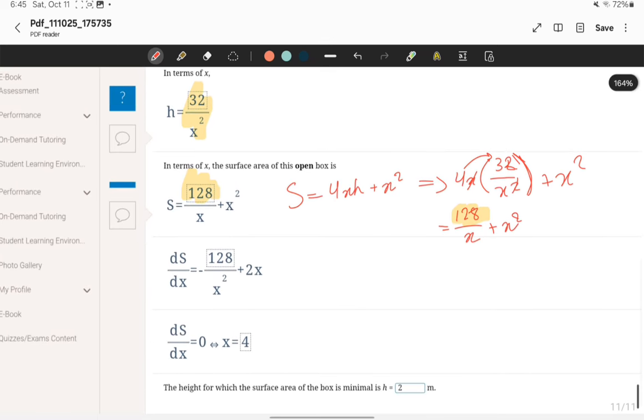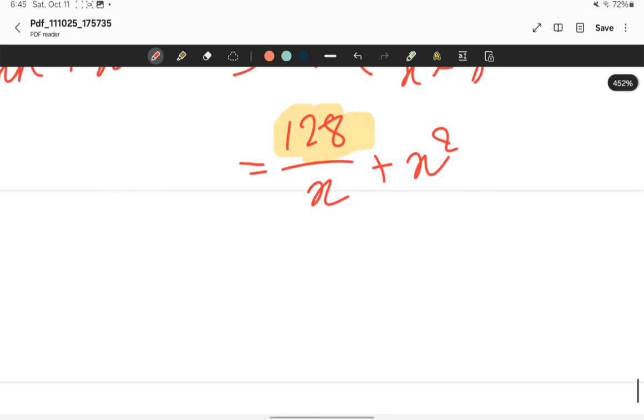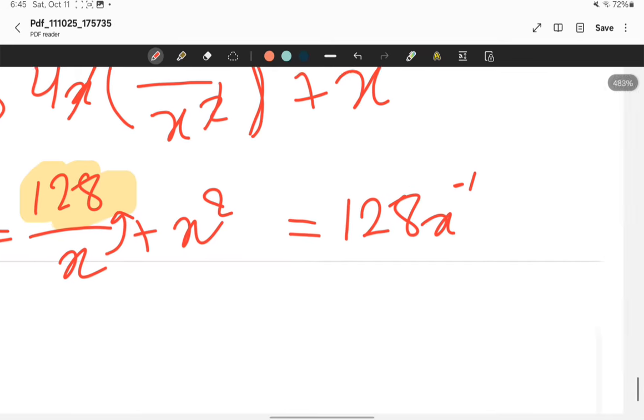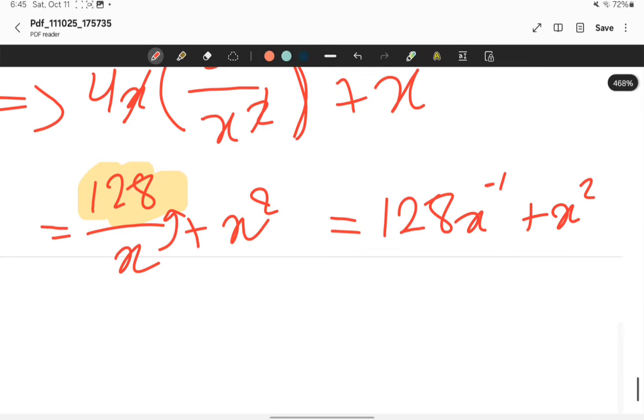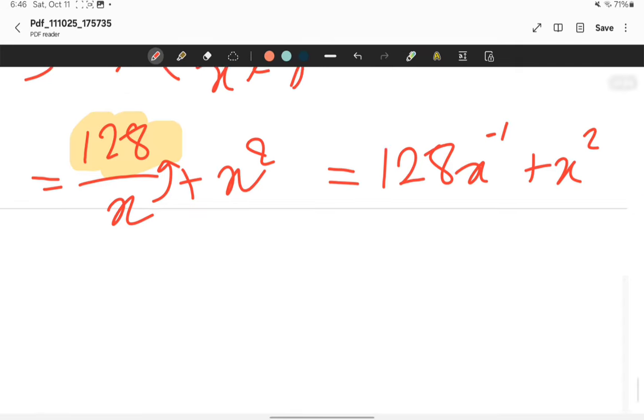Okay, now this next part, they want us to derive this. So to derive it, I need to get it in a form where I could start deriving. So we get rid of the denominator, take x up, so it's going to be 128 times x to the minus 1 plus x squared. Okay, yalla, so now we can start deriving, right?